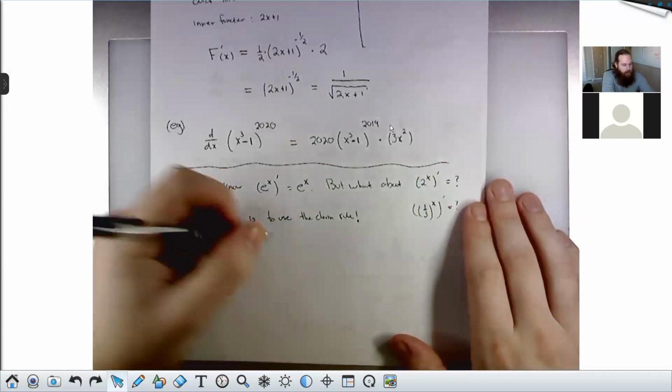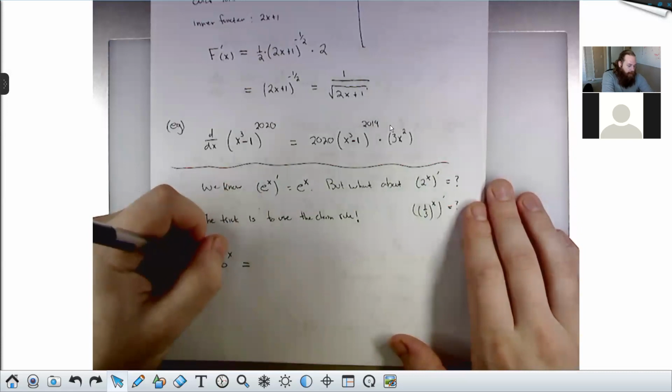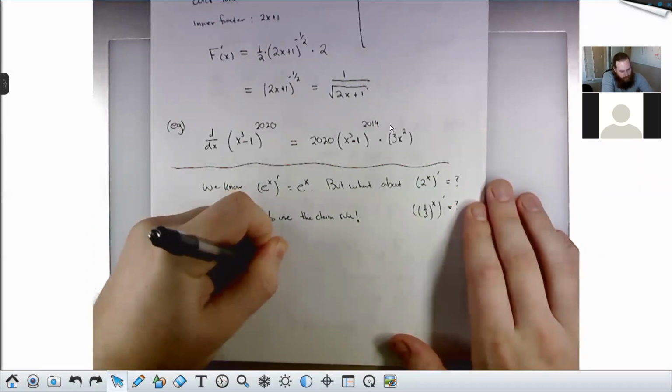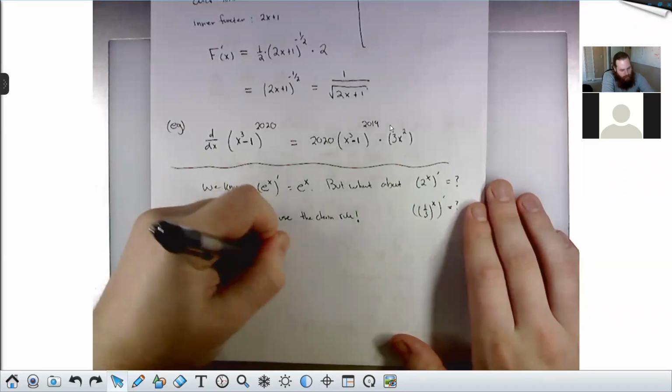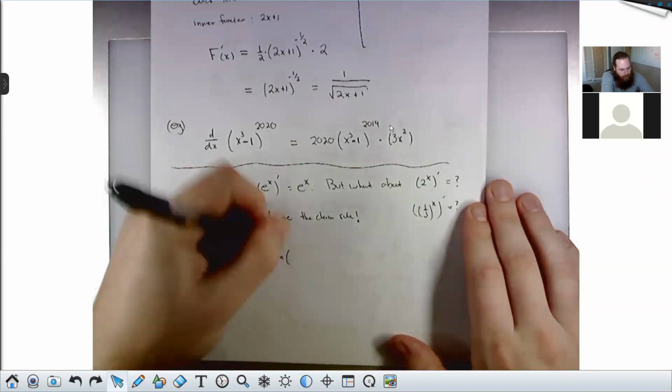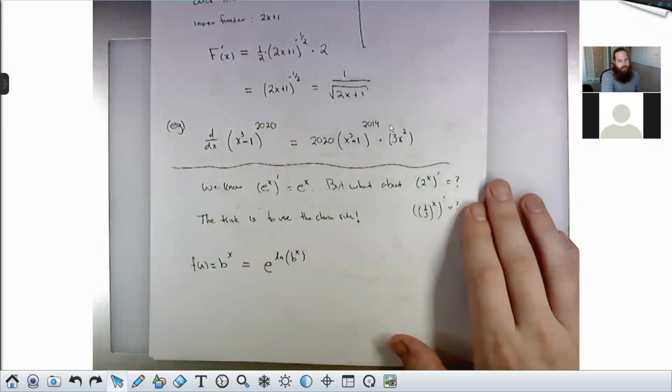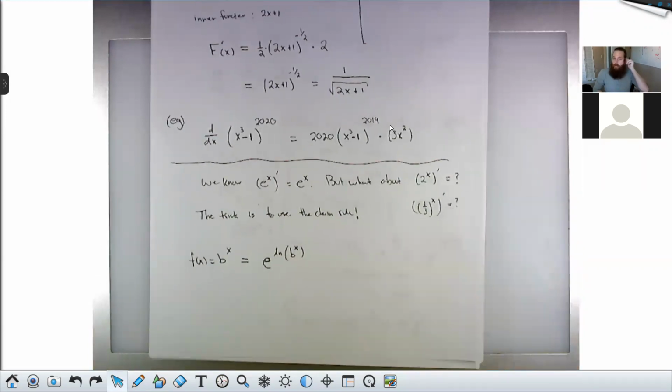Here's the trick. It's a sneaky trick. Remember, anything is the same as e raised to the natural log of that thing, right? Because the e's and the natural logs undo each other. So like 5 is e raised to the ln 5. Those are definitely the same. e to the ln 5 is 5. b to the x is the same as e raised to the ln of b to the x.